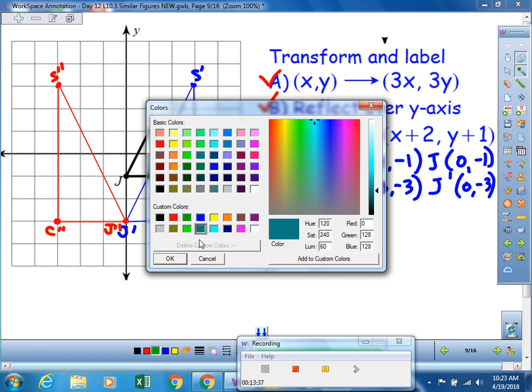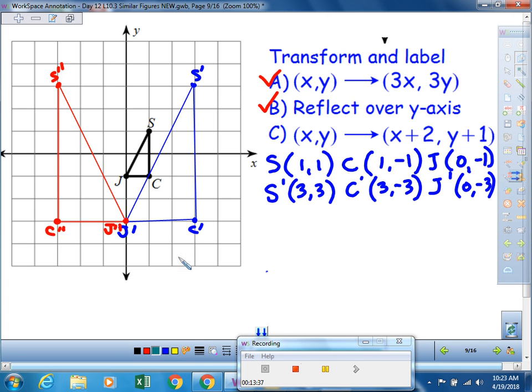I need a darker green. All right. C, what is this? This is a translation. What are we doing? Right 2 and up 1. You see plus minus, you think translation. You doing this on the note sheet? Yeah. Okay.